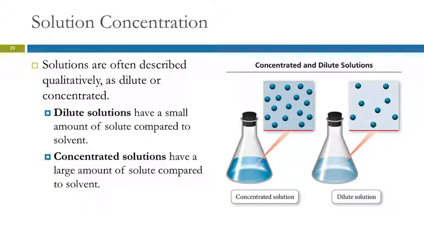So we have some qualitative terms to describe solutions, the words dilute and concentrated, and these mean the same thing that you think they mean from everyday life. Dilute means there's a small amount of solute compared to the solvent, and concentrated means there's more. So you can go to the grocery store and buy some cleaner to clean the bathroom, right? It comes in a spray bottle, ready to use.